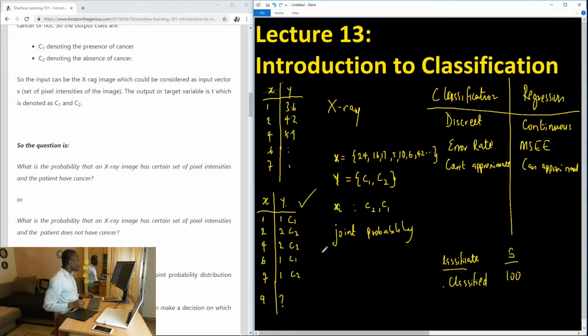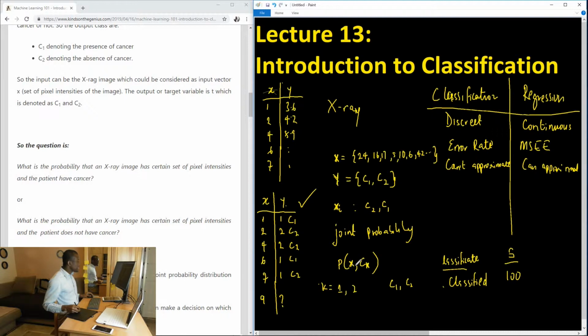So there are two approaches to the problem. One is to determine the joint probability distribution, which is p(x, Ck). So we are going to determine the probability that there is an X-ray image that belongs to a class Ck, where k is equal to 1 or 2. So in this case we have C1 or C2.